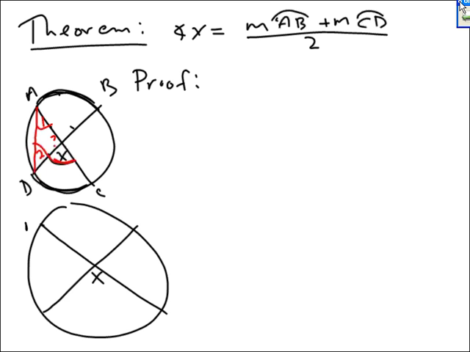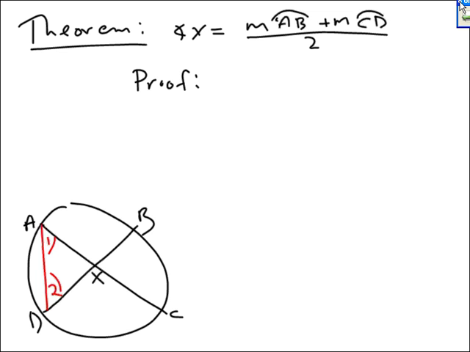Angle X, A, B, C, D, and then we decide to draw this line, 1 and 2. And 1 plus 2 equals X. Angle 1 plus 2 must equal the supplement of that third angle.